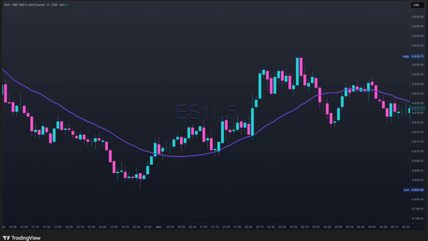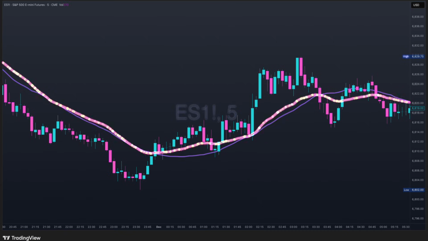So an SMA, or a simple moving average, just literally takes the average price over however many bars in the period. An EMA, or exponential moving average, also takes an average price, but it's going to weigh the most recent price bars higher than the older bars in the period that you have it set to.